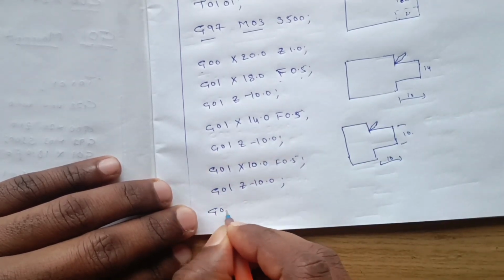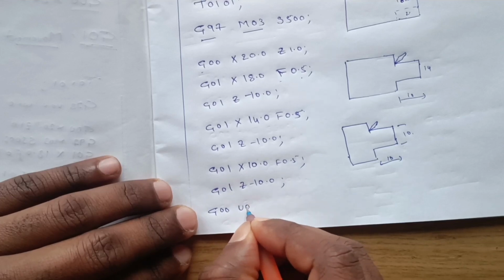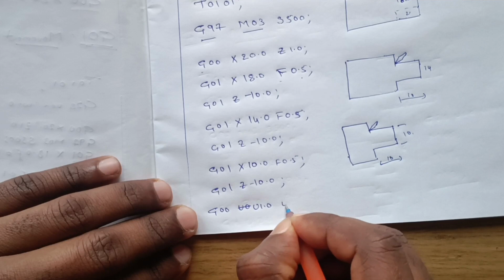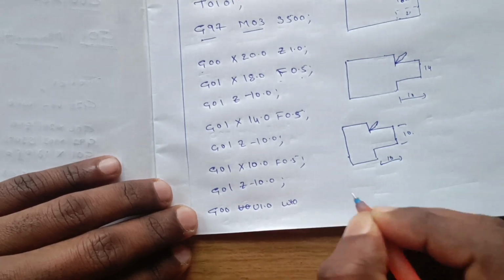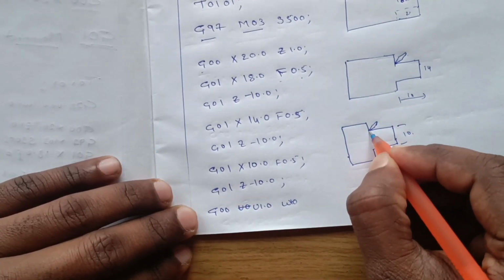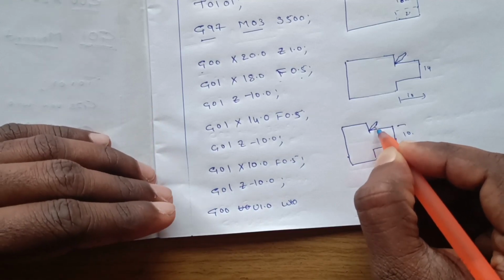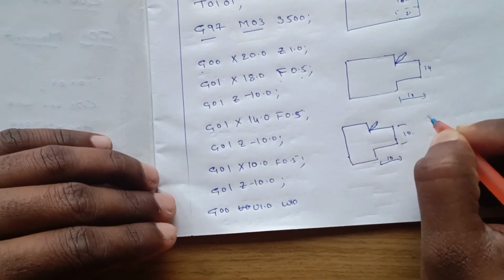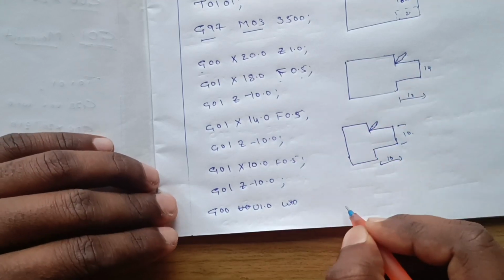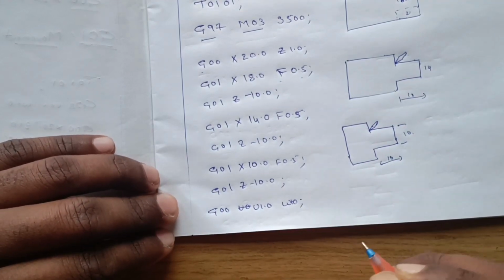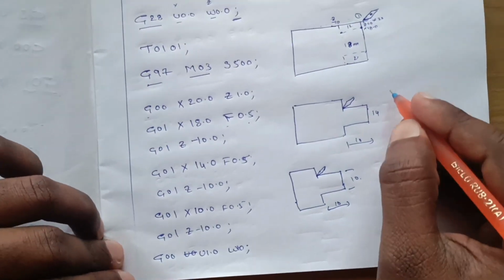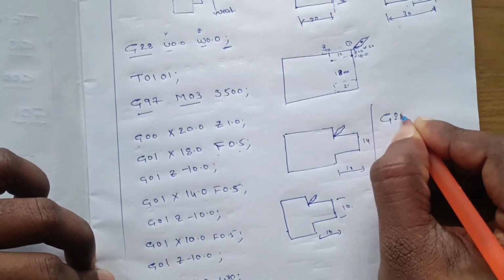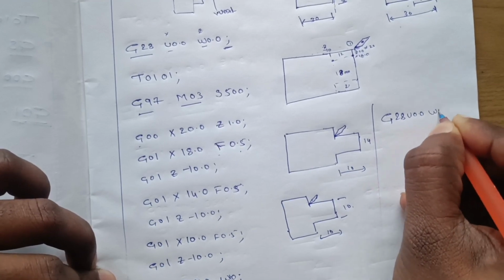So we use again G00 U1.0 and W1.0. It means it moves 1 mm in X and 1 mm in Z. It will be somewhere in a position like here. Okay, now it is moved. Then we can directly move to its home position. G28 U0.0 W0.0.